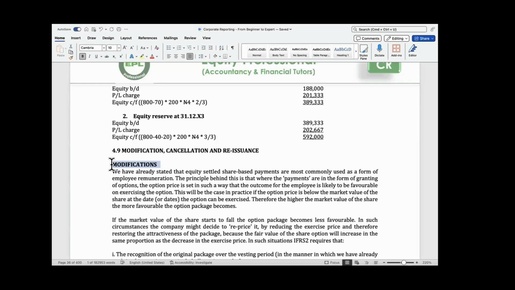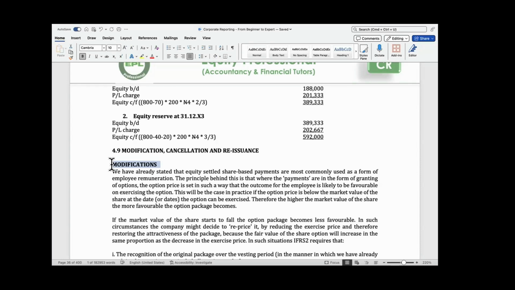When they do that, that's what we call repricing. It's no more than that. When the company does that, it maintains the attractiveness of that equity settled share-based payment. The employees' excitement is now sustained.